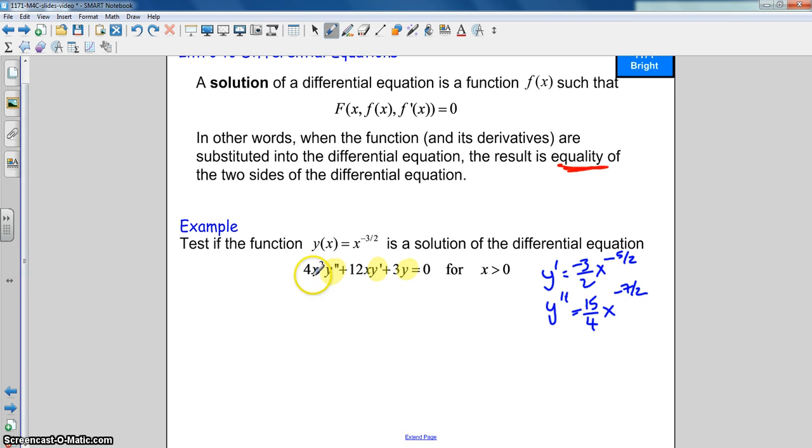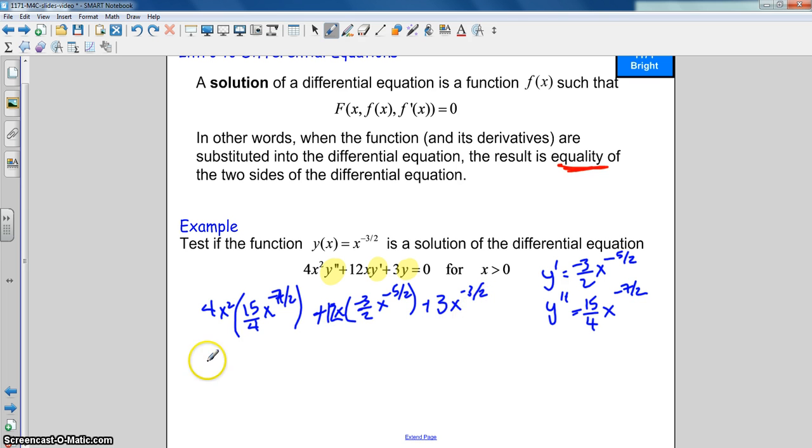Okay, so I can go ahead and go through this arithmetic. So I have 4x squared, and then I multiply by 15 over 4, x to the minus 7 halves, and then add 12, and then my 12x times my first derivative, which is minus 3 halves, x to the minus 5 halves, plus 3 times my solution here.